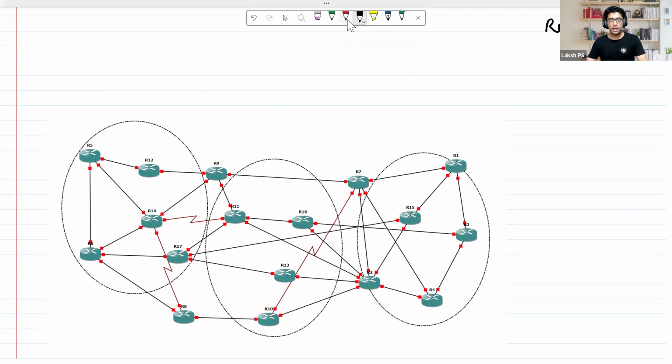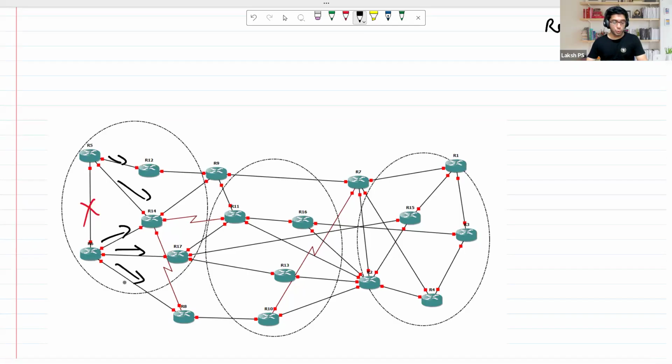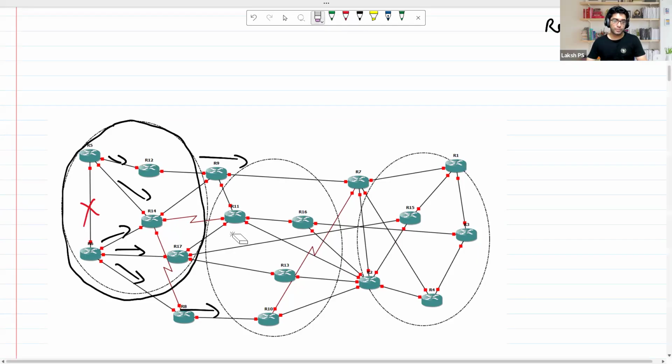As I mentioned, let's say if the link between R5 and R6 fails, R5 is going to ask other routers that are adjacent to it, do you know how to reach R6? Now what happens is that this message that R5 is asking is limited only to its own region, right? It is not going to be forwarded to other regions in the network.